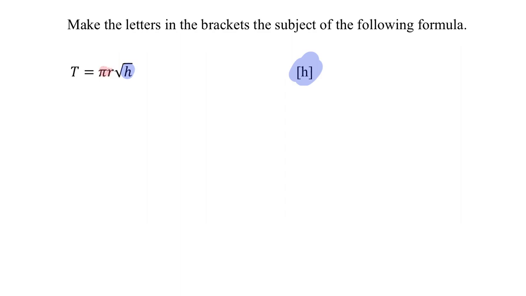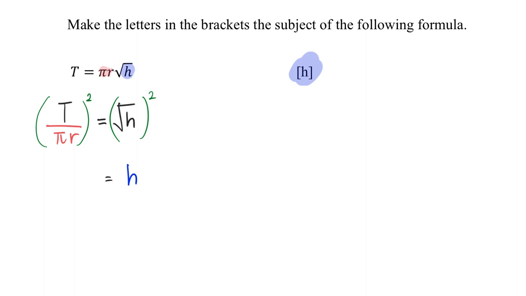I'm going to divide by pi over R on both sides so that I'm only left with my square root H here. And to make sure that I only have H, I will have to square both sides so that I'm only left with H here.